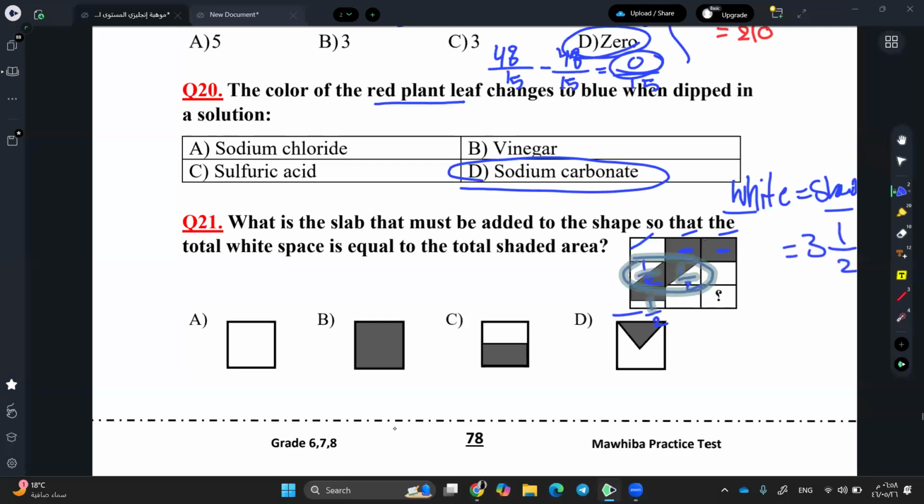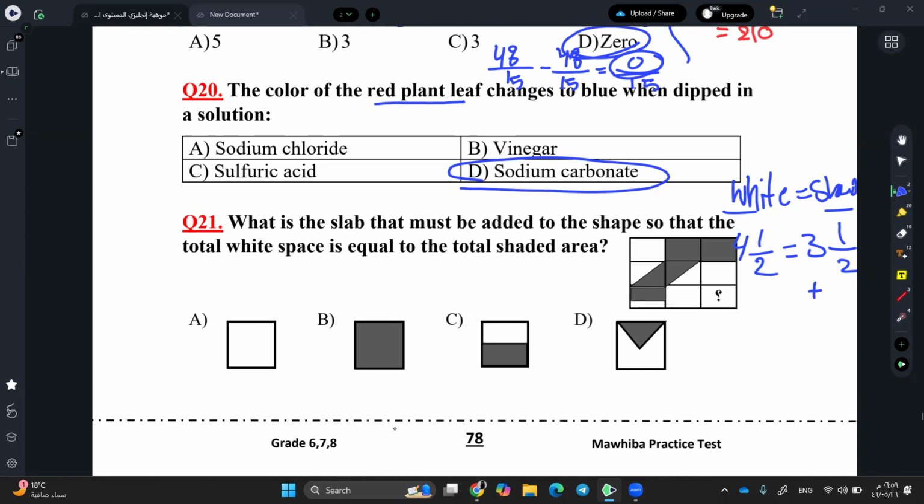And then let's count the white area. So the white area here, you have 1, 2, 3, 4, and then here's a half. So it's going to be 4 and a half. So how many can we add to the shaded area to make it equal to the white area?